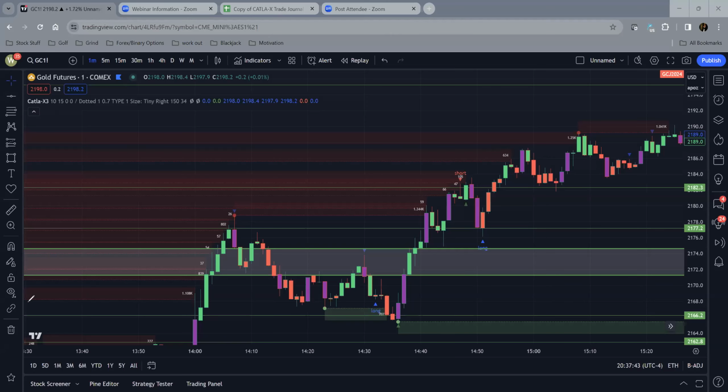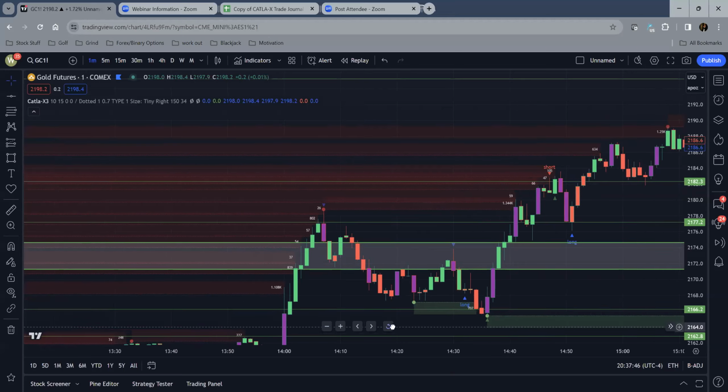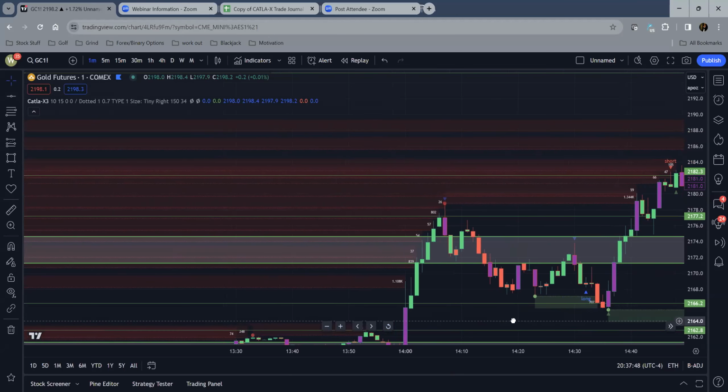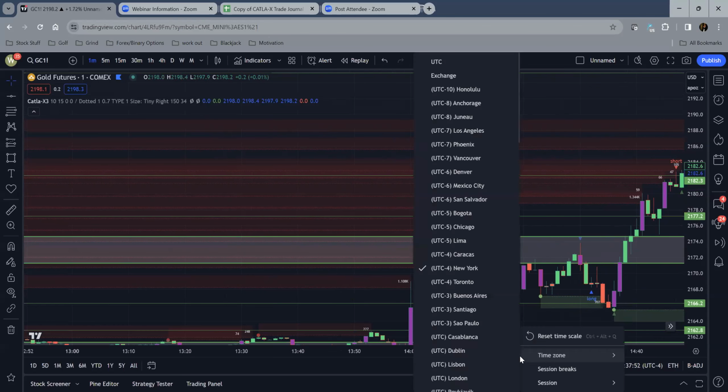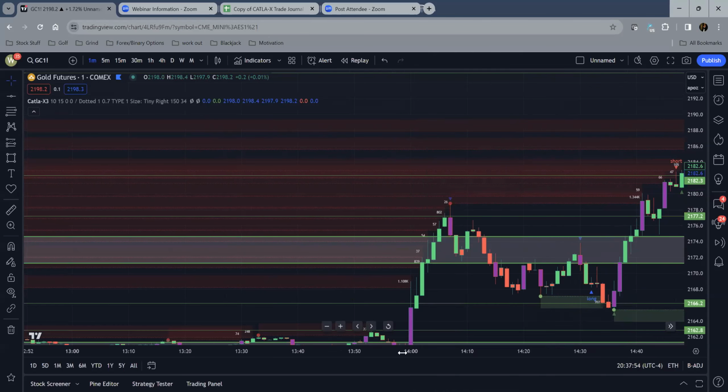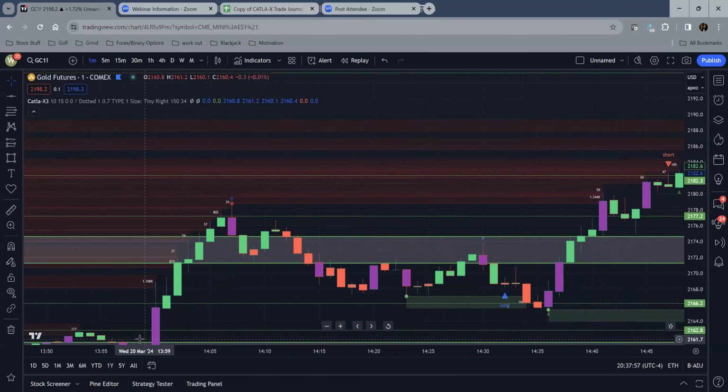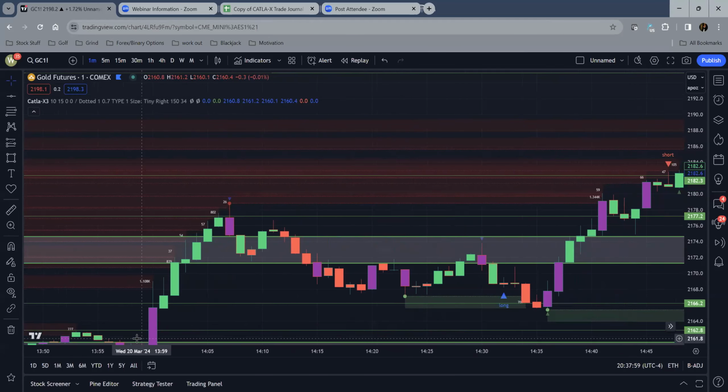And let me just scoot the chart over just so you can see. There would have been no reason for us not to take this trade.